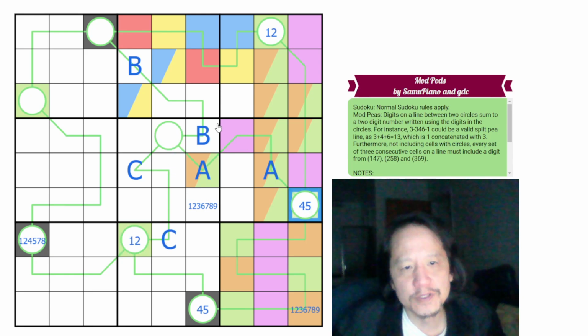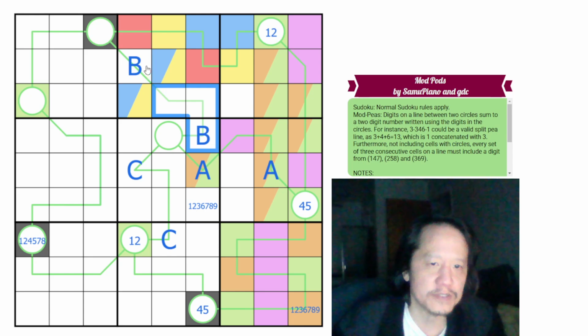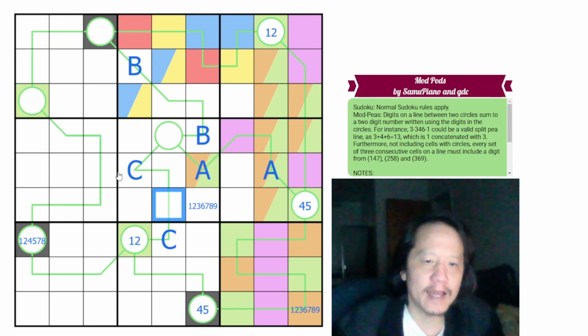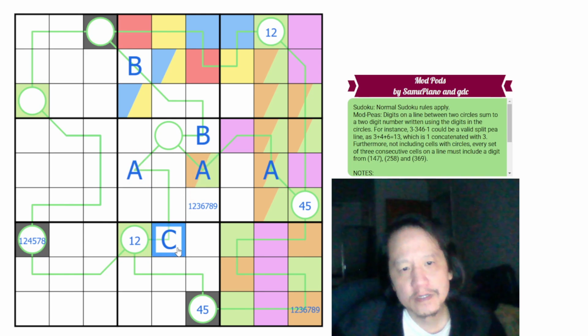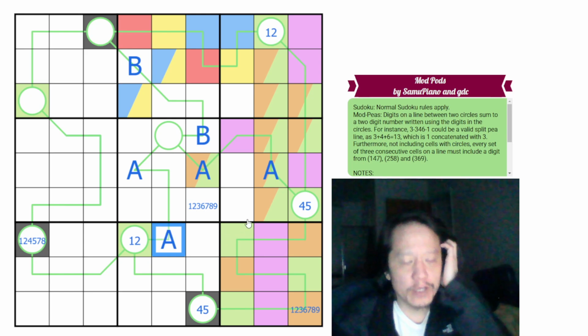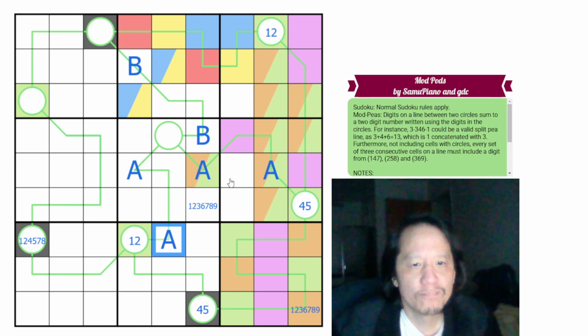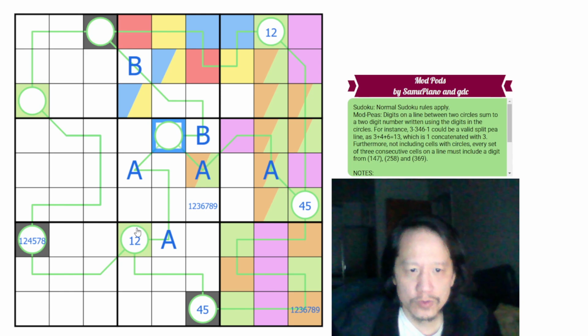So these two are the same, but this one's different. So therefore that allows this difference there. And A and C do not have to be in the same set as this one, but C has to be the same set as A, because we know that essentially these two must add up to the same modularity as these two, right?